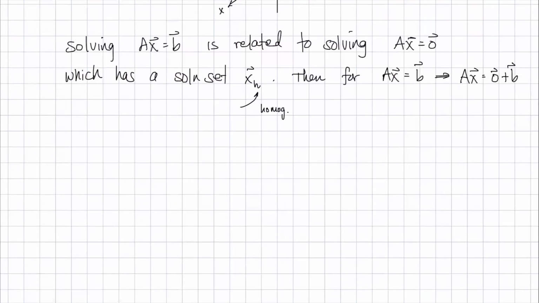And so our solution set X is going to be the homogeneous solution set plus a very particular shift related to the B column.